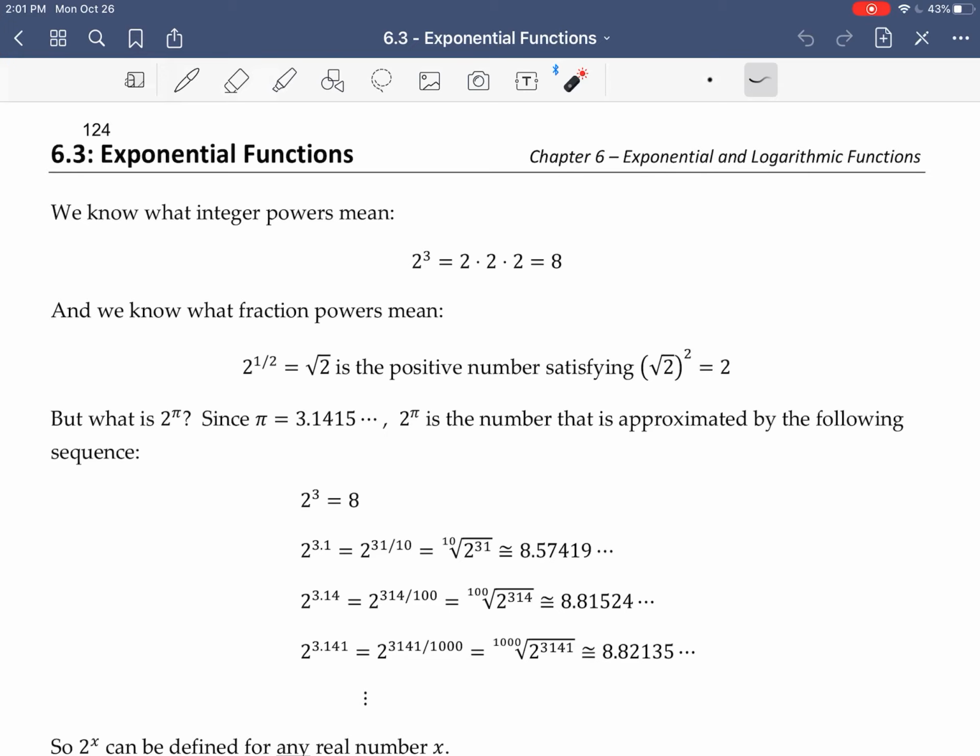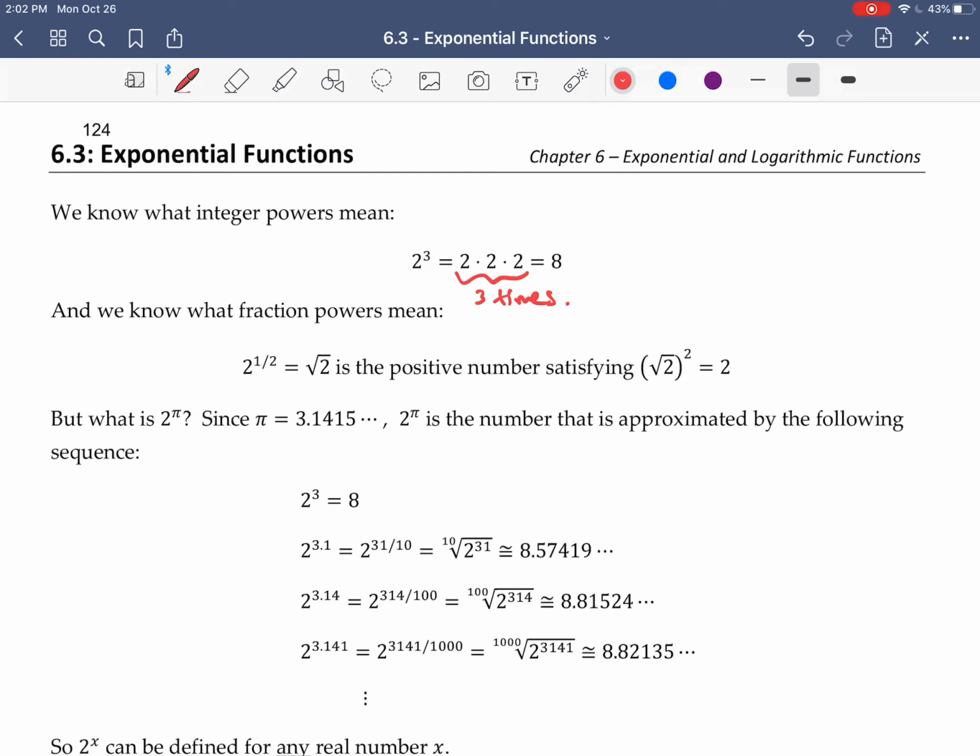Okay, so let's just remind ourselves, we know how to do integer powers. So for instance, 2 cubed is 2 times 2 times 2, so 3 times, which is going to give us 8.